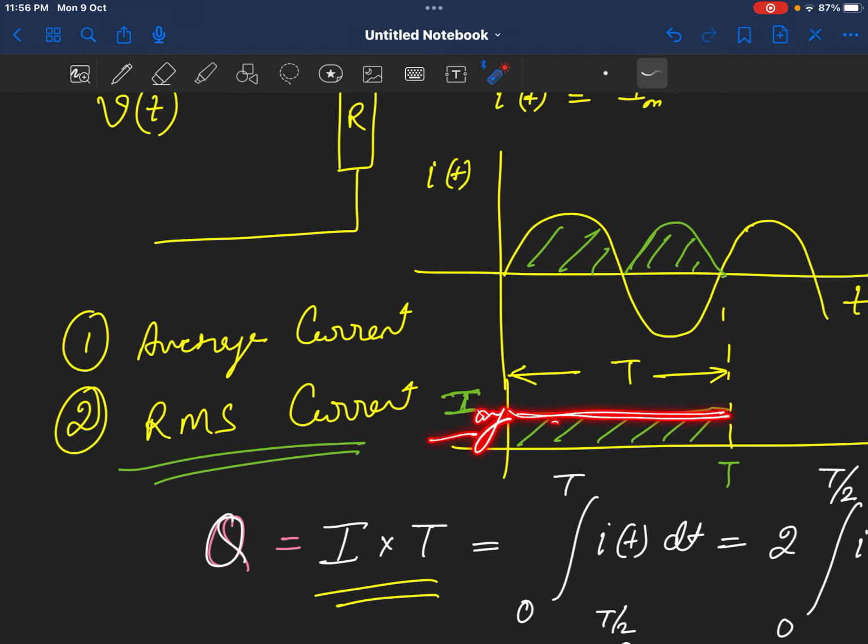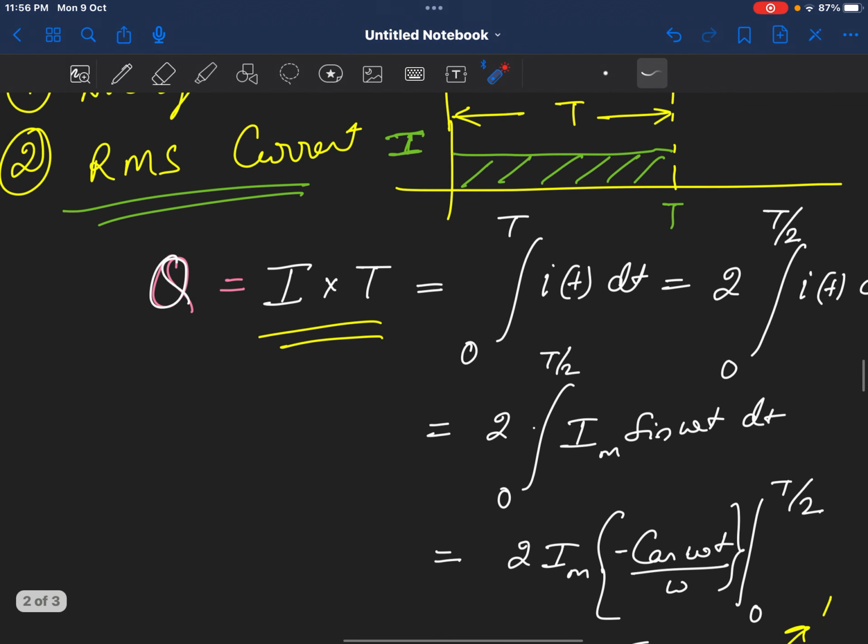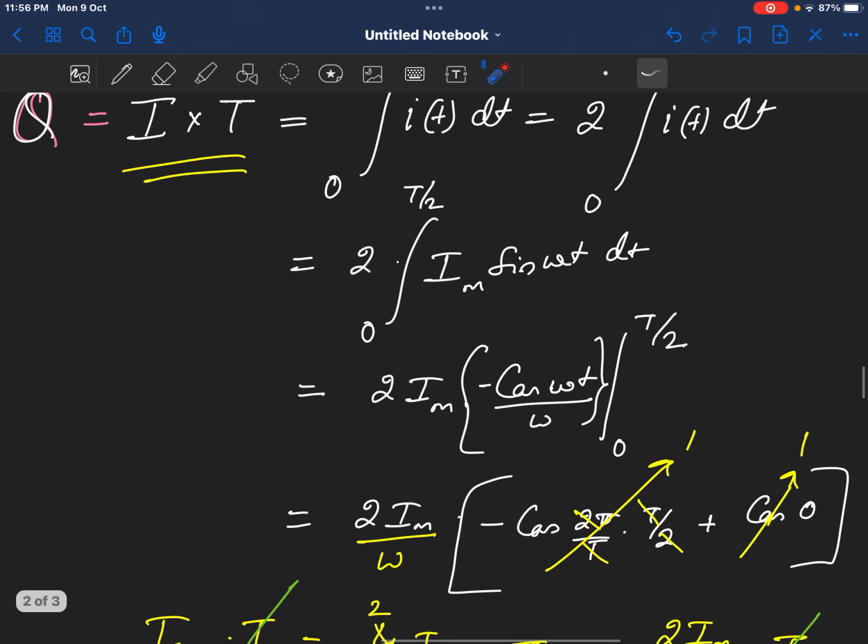So average current is that DC current which, when flowing during the same time, transfers the same amount of charge. So we take the relation of charge transfer as Q, which is equal to I into T, and integration on the other side, and we make it 2 times the integration from 0 to T by 2.